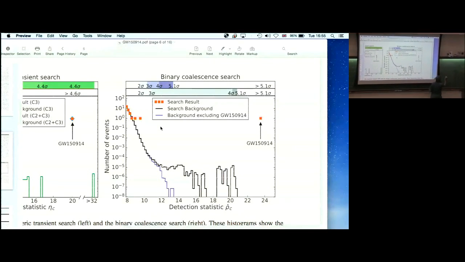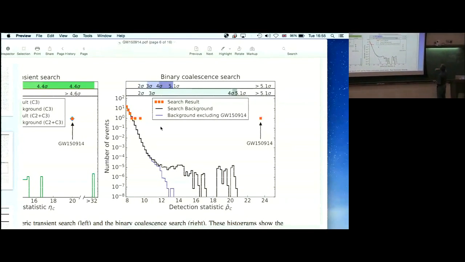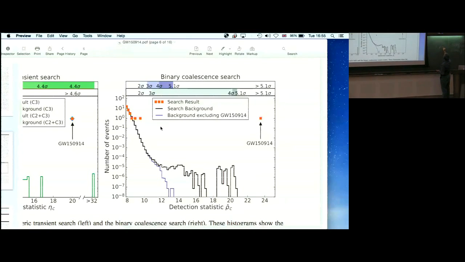Rho cap is a function of rho and the chi-square that we compute. I don't think I'm going to recall the exact form. All that is important is to remember that when rho is large, rho cap and rho are the same. When rho is small, less than something like 12, it is weighted down by chi-square.